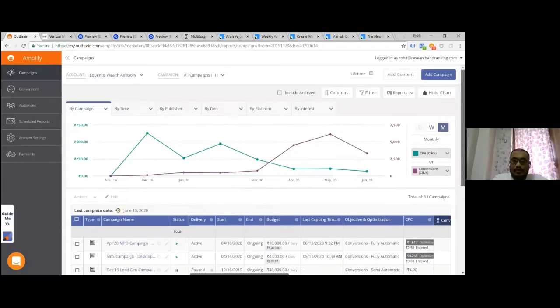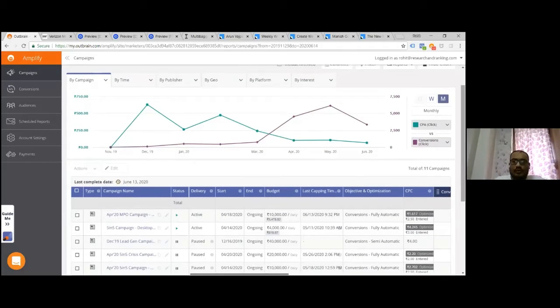I just wanted to give you a sense of some data, and how people talk about campaign optimization. Before I get into optimization, what is the number one objective of running a paid media campaign if you are a non-e-commerce website?